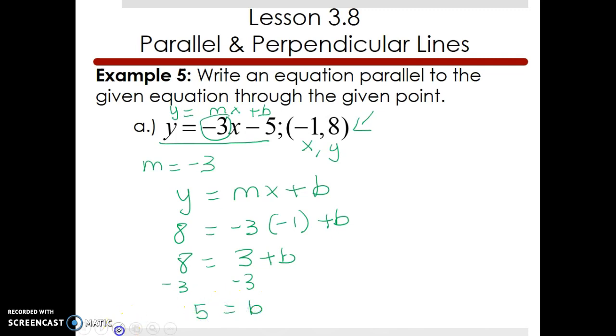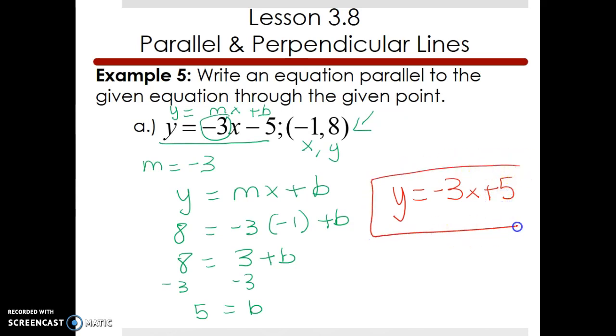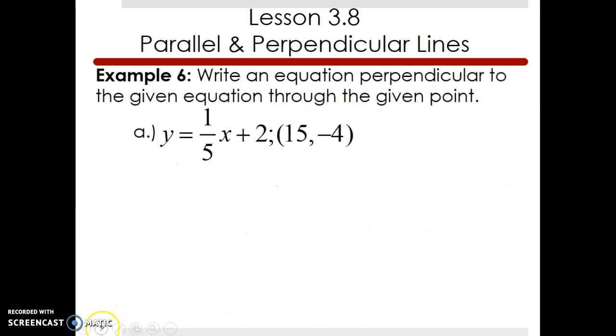So my final equation is going to be y equals -3x plus 5. And that is it. You just need your slope, and you use the new points to find your b, because x and y are always going to change depending on what you plug in.